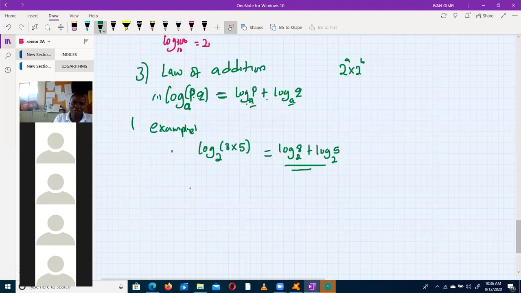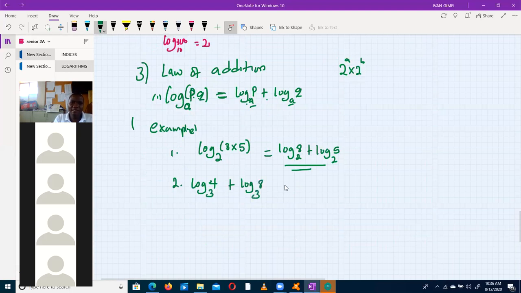Example 2, if you have log of, let's say, 4 base 3 plus log of maybe 8 base 3.